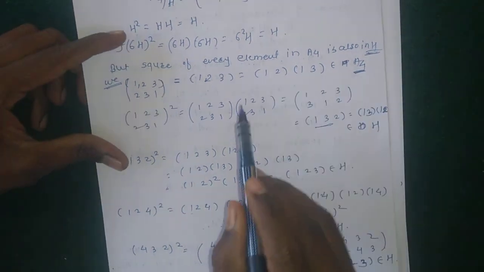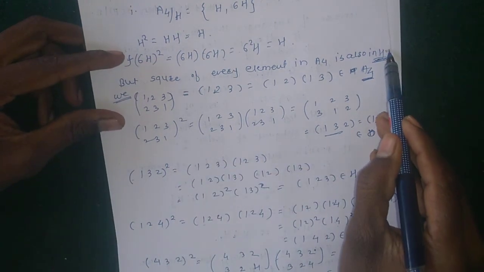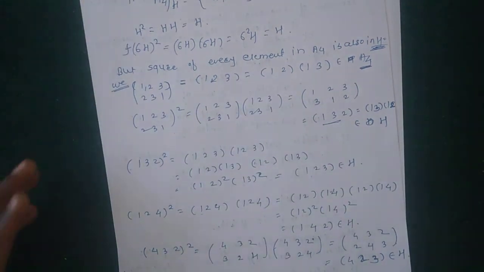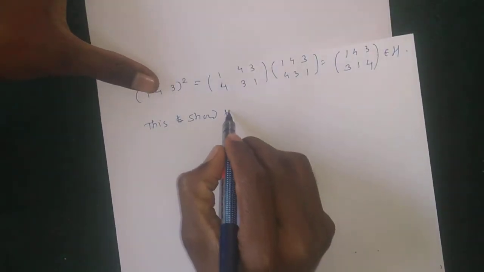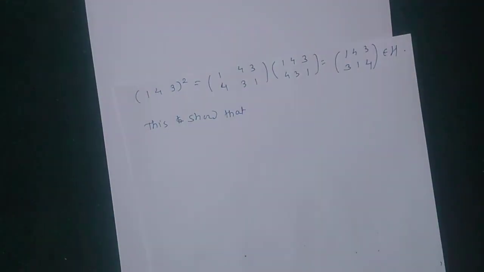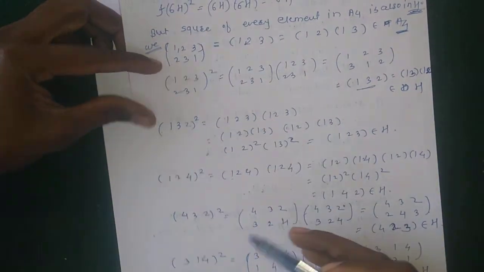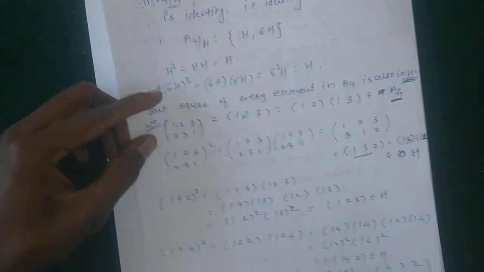Why? Because EH contains only 6 elements, but here in this way continuing EH contains at least 8 elements. Okay, then in this way this shows that EH contains 8 elements, because this 6 elements and this 7 and this 8 elements.